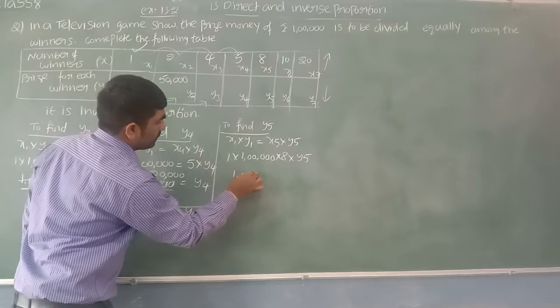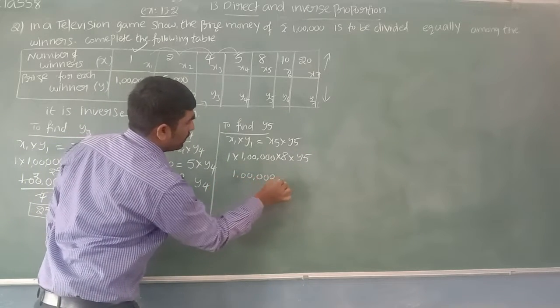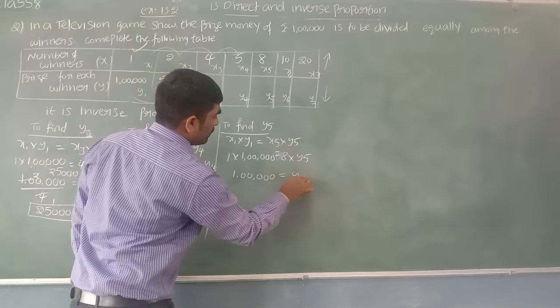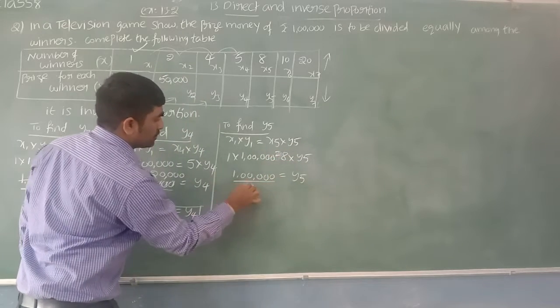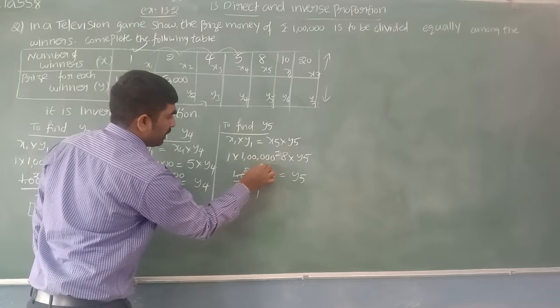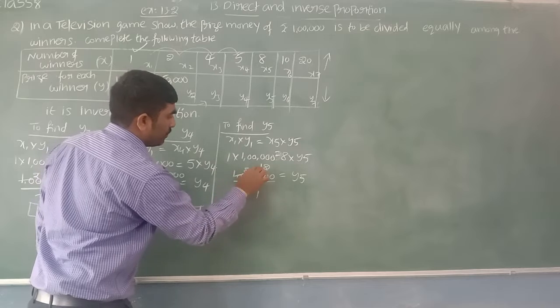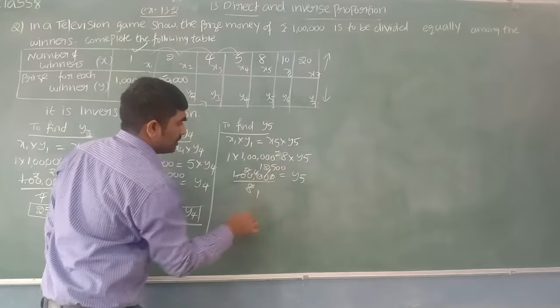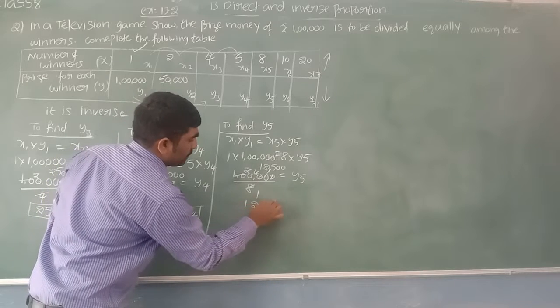So 1 lakh is equal to 8 y5. This 8 you can transpose, divide by 8. 8 1s are 8. 2 left. 8 2s are 16. 4 left. 8 5s are 40. 2 zeros. So which is 12,500.